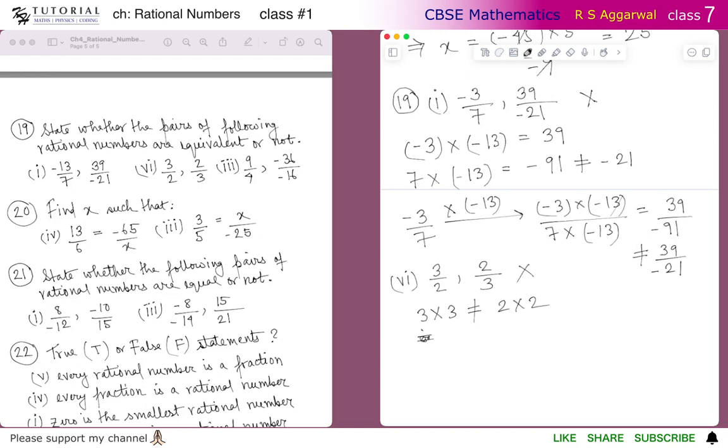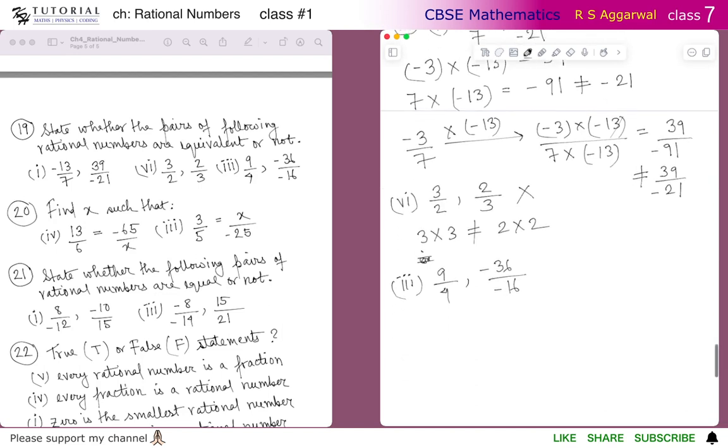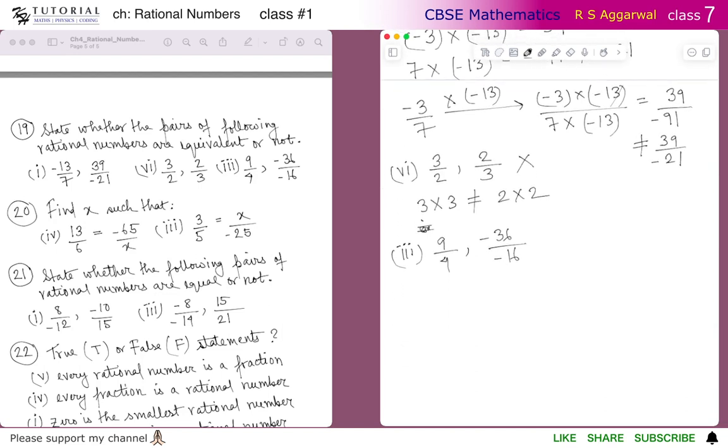Let's see the last one, the third one, 9 by 4 and minus 36 by minus 16. Here also it's manageable, the numerators and denominators are not that large, so you can easily do cross product and check.